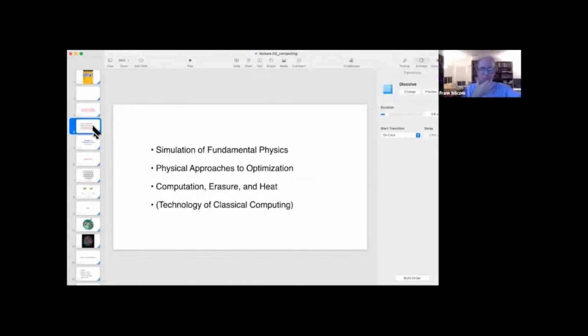So really, I think this subject is best approached through highlights and case studies. And I'm going to focus on 3 things in this lecture. One is the simulation of fundamental physics.